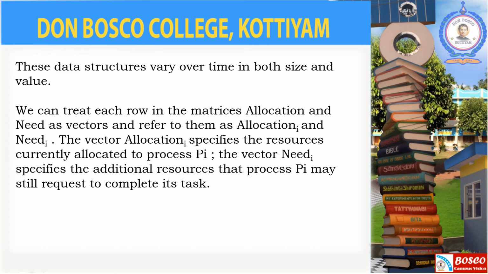The vector Need i specifies the additional resources that process Pi may still request to complete its process. So do remember these data structures and the terms used here to understand the safety algorithm and the resource request algorithm in Banker's algorithm.